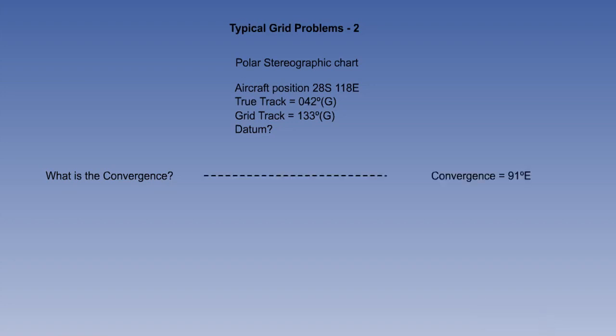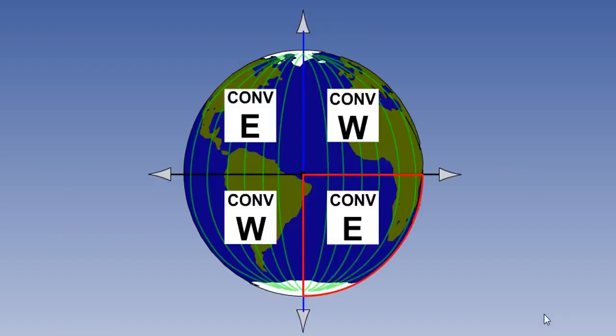Grid track is 133. True track is 042. That's a difference of 91 degrees. True is least, so the convergence is 91 east. Is the aircraft east or west of the datum? We're in the southern hemisphere.